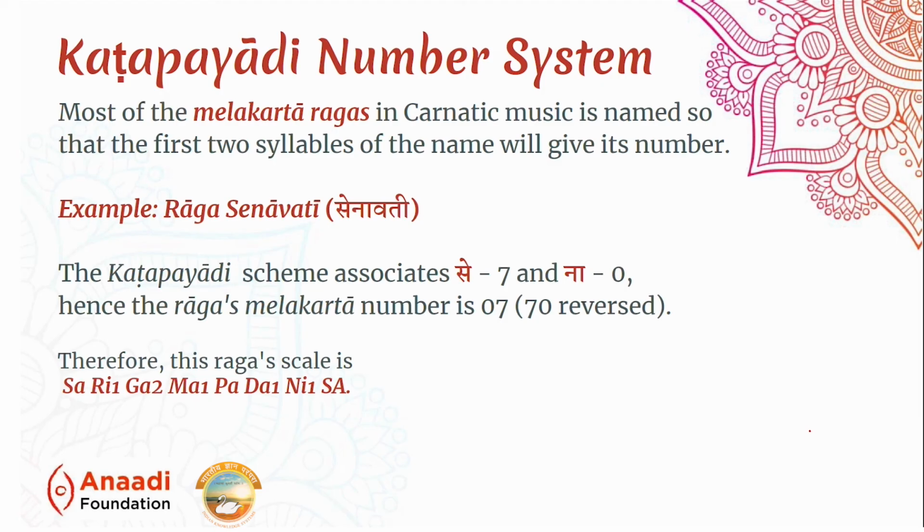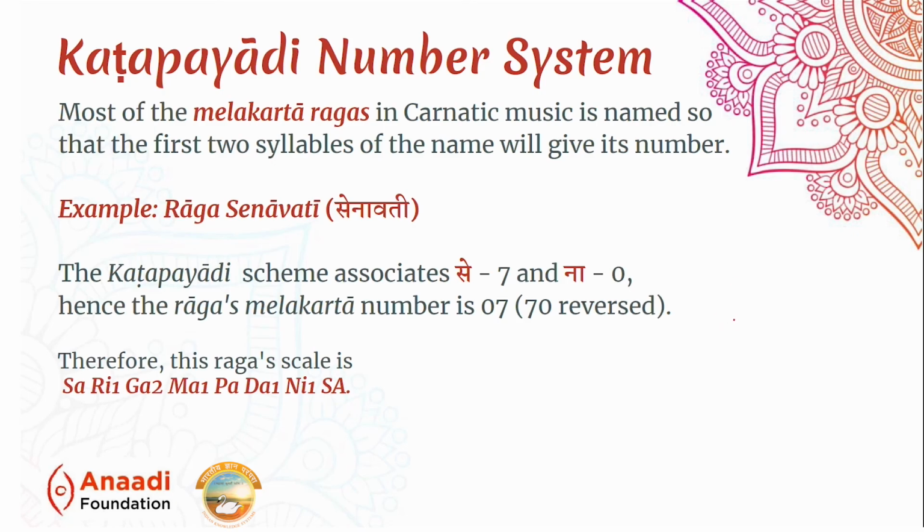We'll see another example here. We take the raga Senavati. So, the first two syllables are Sena. The value for Sa is 7. The value for Na is 0. Now, when we reverse this, we get the value 7. Senavati is the 7th Melakarta raga.